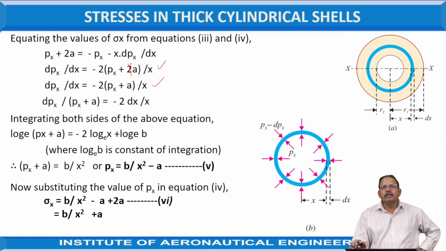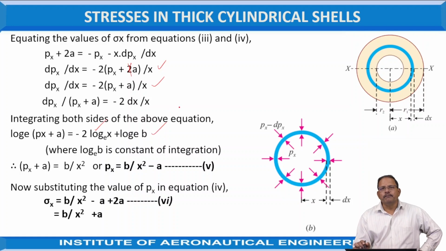From this relationship we get dpx by dx equal to minus 2 into px plus a divided by x. Integrating both sides, we have dpx divided by px plus a, whose integration is log e of px plus a. It is equal to minus 2 log x, because the integration of dx divided by x is log x. Here minus is there, plus some integration constant is required.